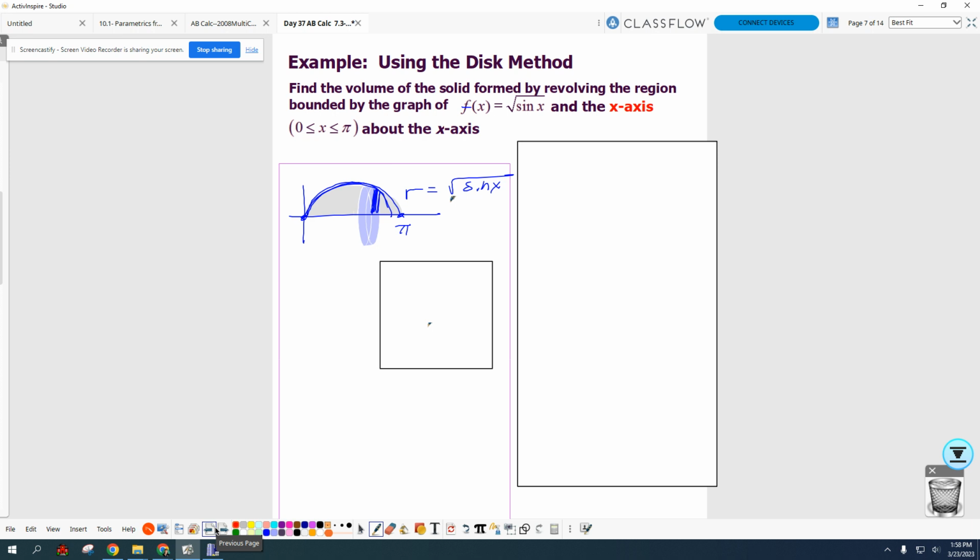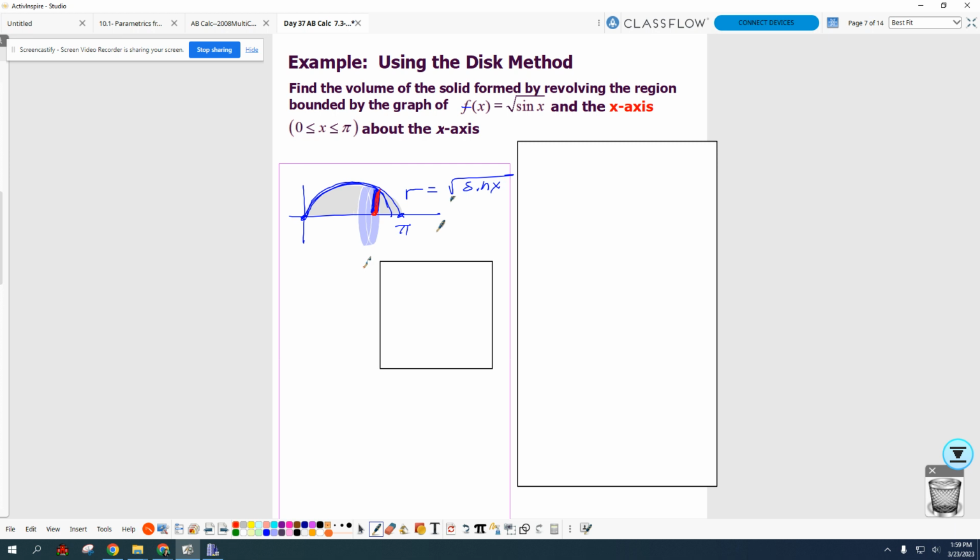Okay, so the radius is the distance from here to the curve, which also happens to be the function itself, right? Because the function down below is y equals the square root of sine x.